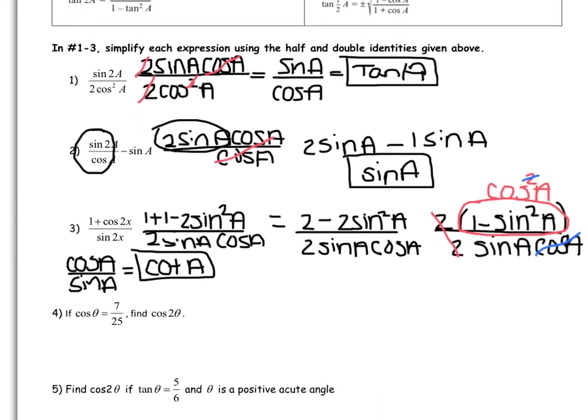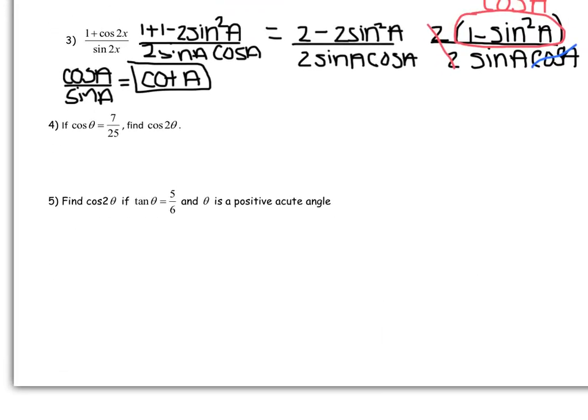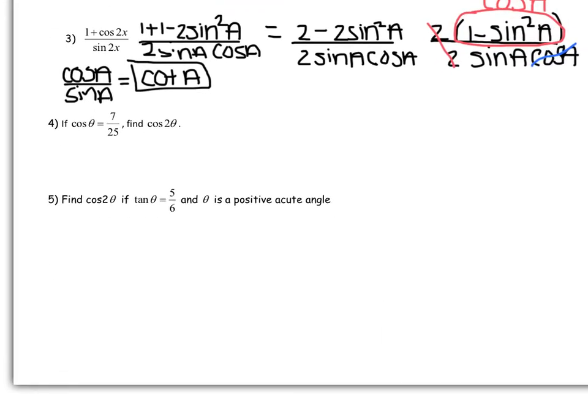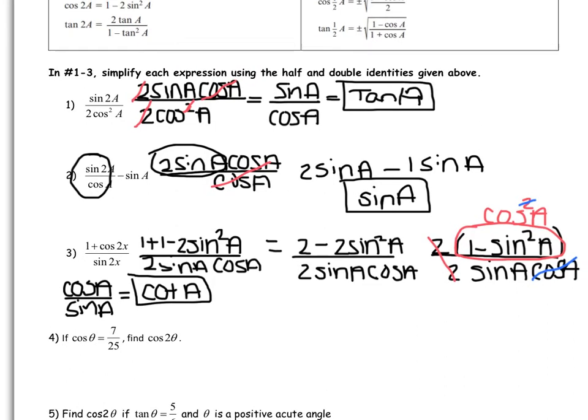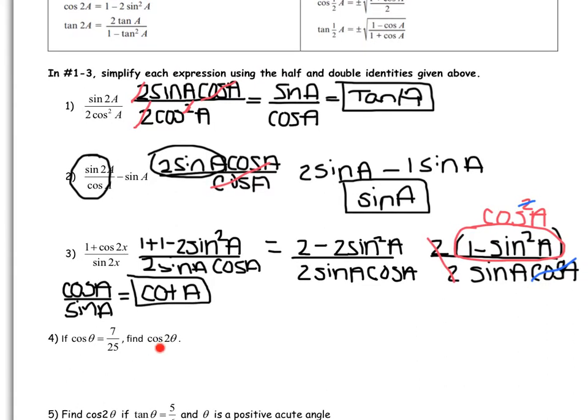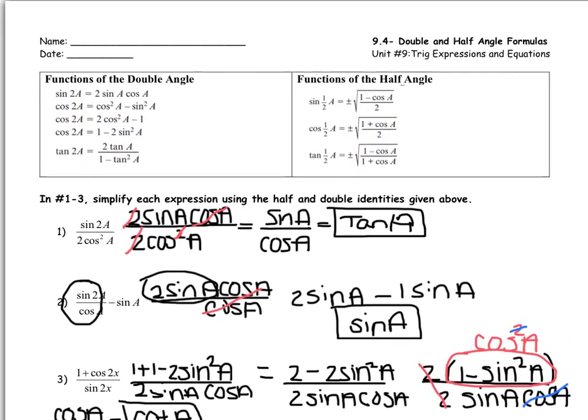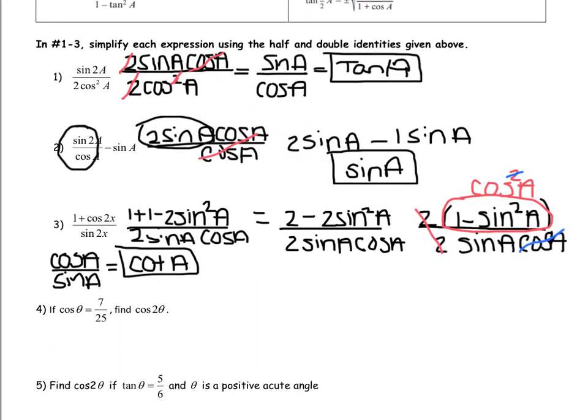Okay, example number 3. It says if cosine of theta is 7 over 25, find cos 2 theta. So again, let's go back up to the top. They're asking for cos 2a. So let's pick one that has cosine in it only, because that's the information that I have.